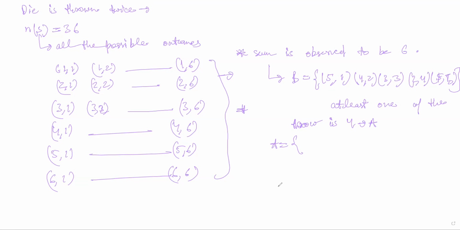So how many elements are these? From 4 1 to 4 6, and then from 1 4 to 6 4, it's 11 elements, right? Because 4 4 is repeating itself, hence the total number of elements is 11.